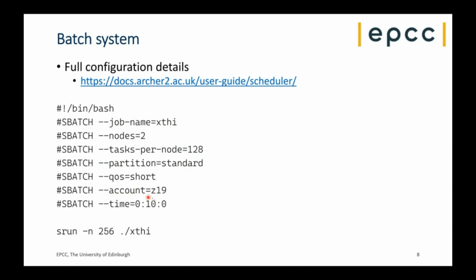I specify an account, which is my budget. So here I'm using Z19. I think you'll use TA06. Let me just check that. I should know off the top of my head what you're using for this course, because we change them between courses. That means some of the exercise material you're going to do today may be slightly out of date.